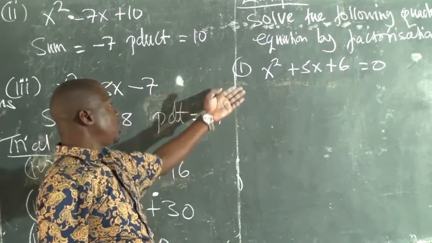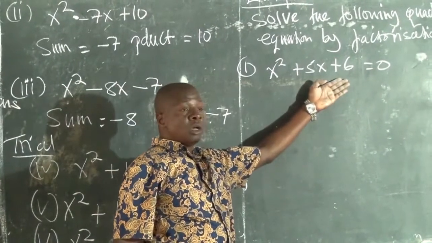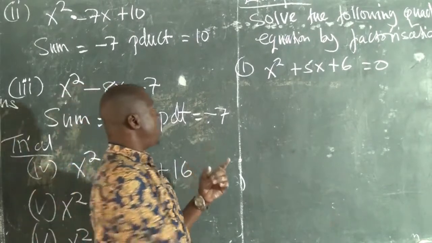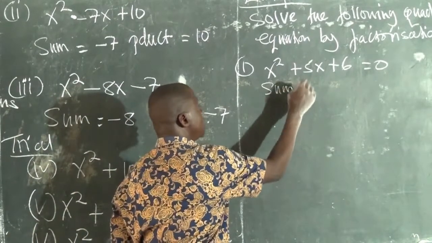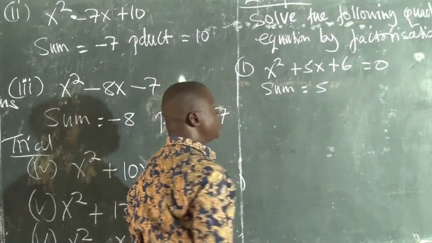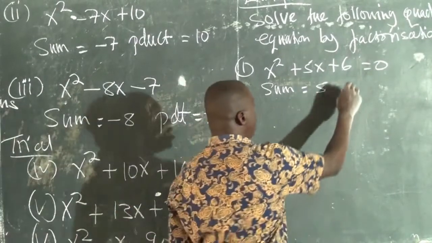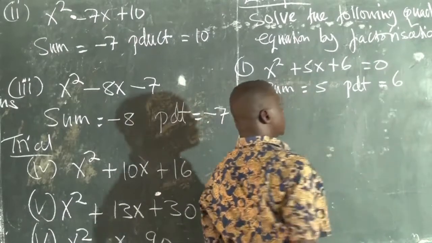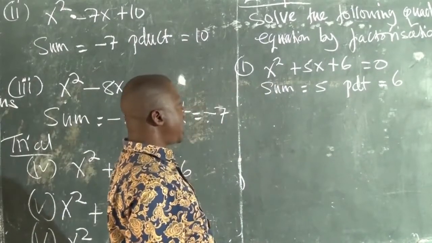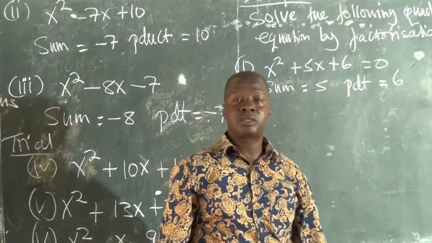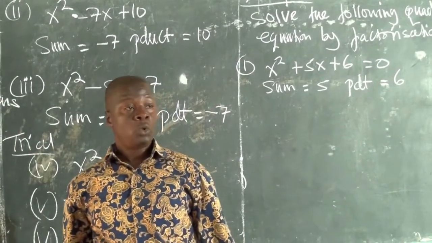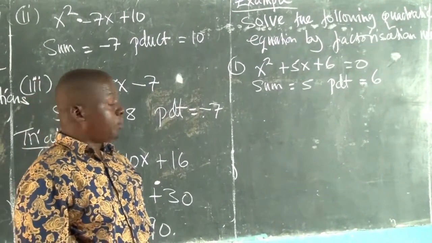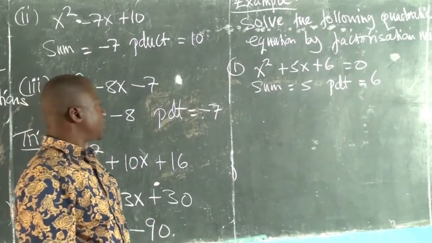If an expression is of this form, we call it a quadratic equation. We have the sum. Our sum is 5. We also look at the product. Our product is 6. Identify any two numbers, that is a and b. When you add, it will give you 5. And when you multiply, it will give you 6.